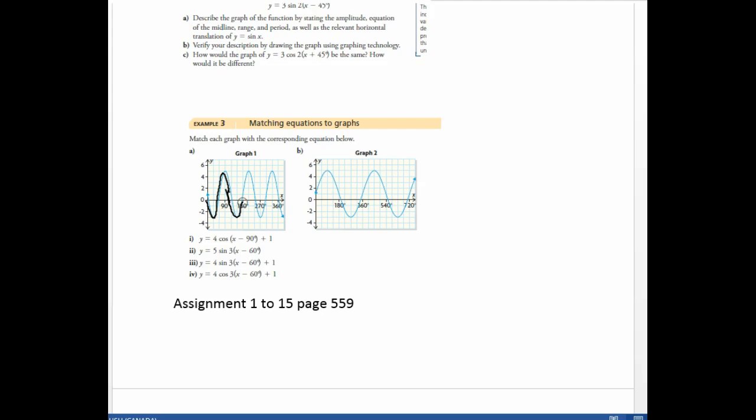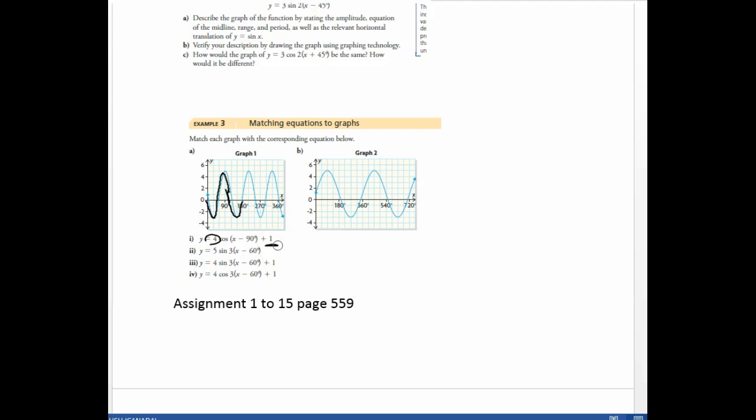Okay, so this one means the amp is going to 4. Does any of these go as high as 4? Well, these are going higher than 4, right? They're going to 5. But if you think this is also a vertical translation, meaning that it's going up 1.